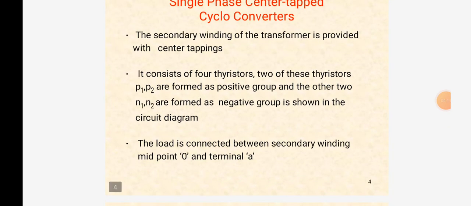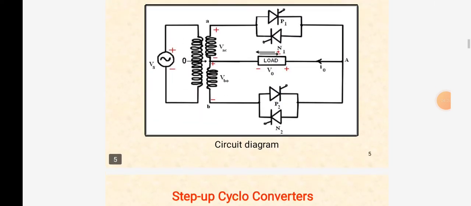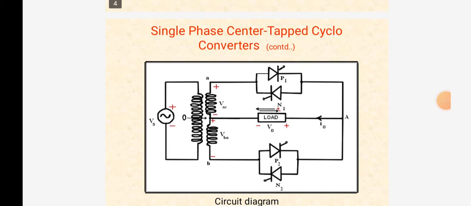The load is connected between the secondary winding midpoint O and terminal A. So this is the diagram for the single phase center tapped cycloconverter.